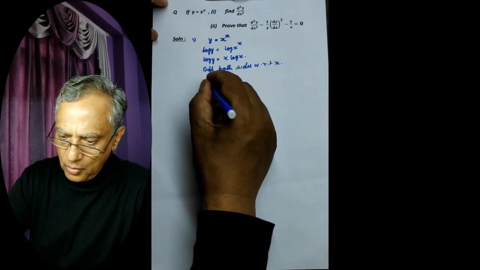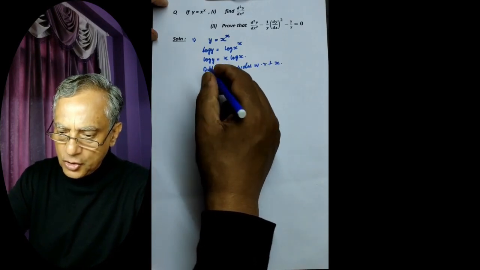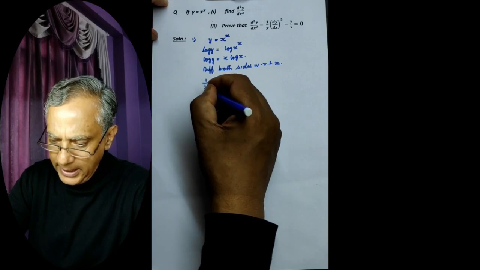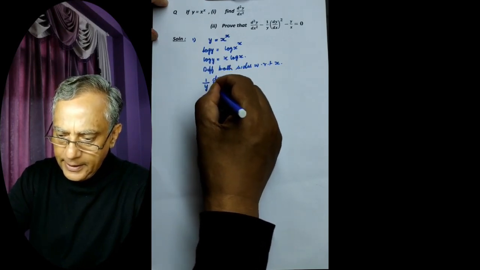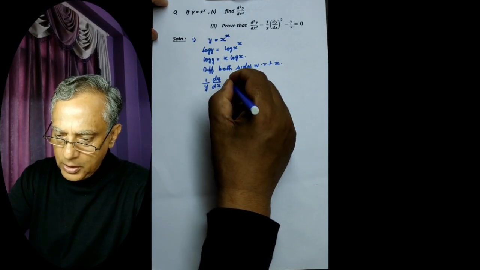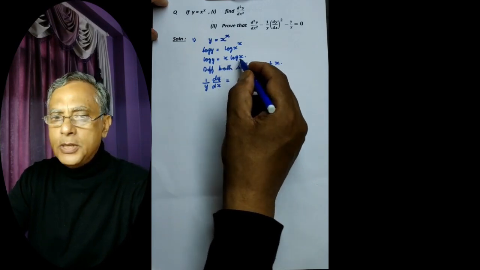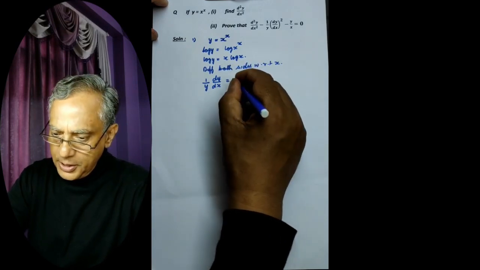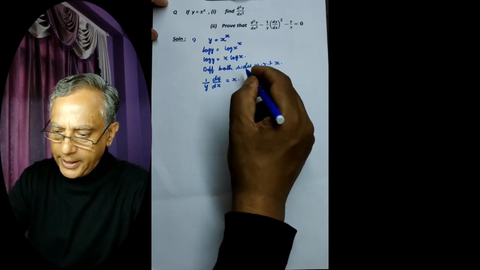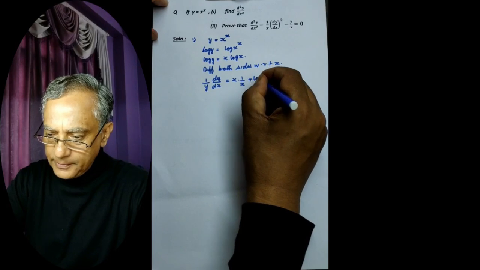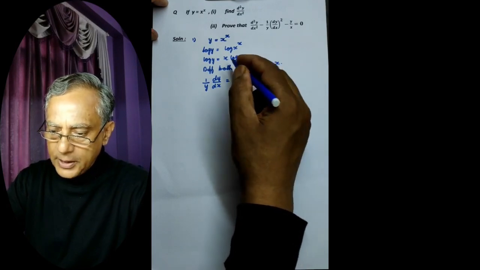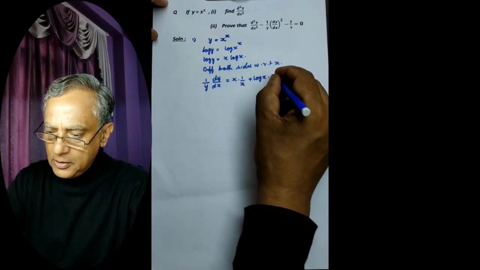We have 1 by y, differentiation of log y is 1 by y into differentiation of inner function, that is dy by dx is equal to, now here we will use the product rule: first function into differentiation of second, that is 1 by x, plus second function into differentiation of first, differentiation of x is 1.